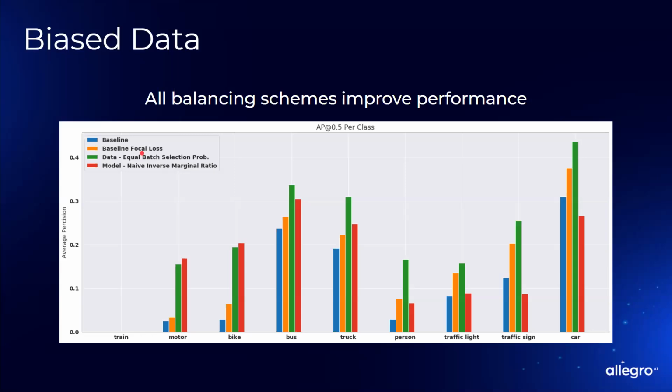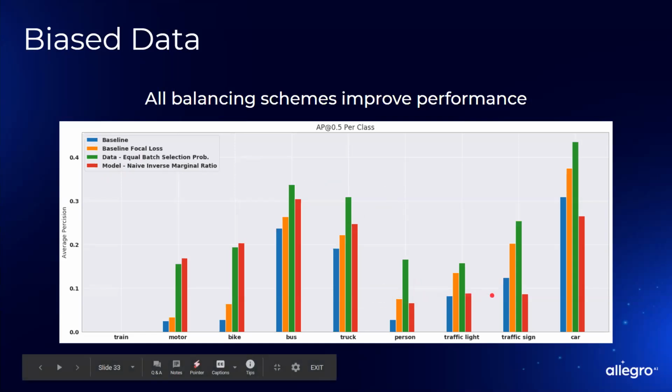And I don't want to talk about this a lot, but I just mentioned it in a few words. If you use something called naive inverse marginal ratios to resample the population in terms of loss, it's a little bit more complex than focal loss. It helps almost as much as data, but not in the places where you would expect it, okay?